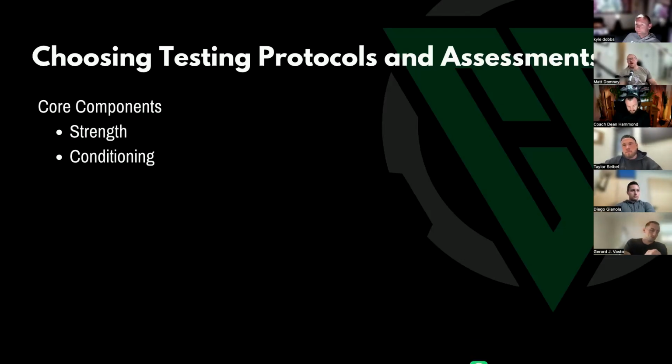Yeah. That's one of the reasons why, when you get to see later on in the presentation what we go through, we're breaking everything down into the specific adaptation category that we're looking at, or the way that we're looking at developing that individual training quality, as opposed to writing out a specific assessment to do, right? It's not like you do a 15-second air bike assault test and that's the only test that you do for anaerobic power.